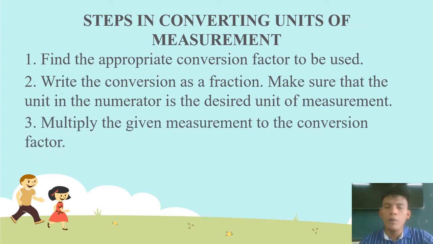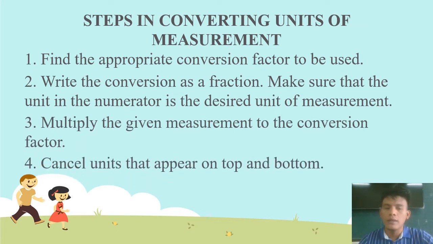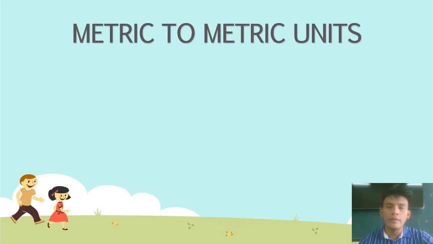For number 3, multiply the given measurement by the conversion factor. Number 4, cancel units that appear on top and bottom. If you find out that they have the same numerator and denominator, for example feet over feet, you can cancel out feet.